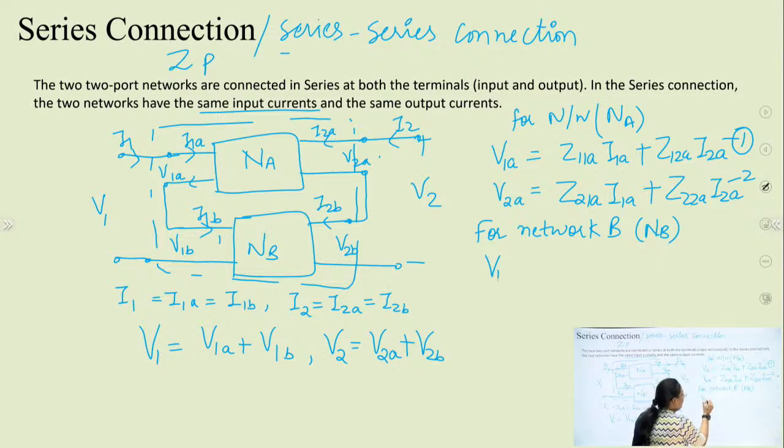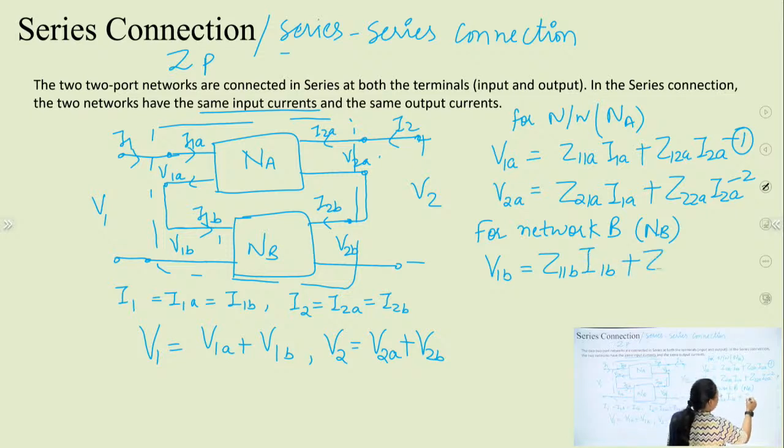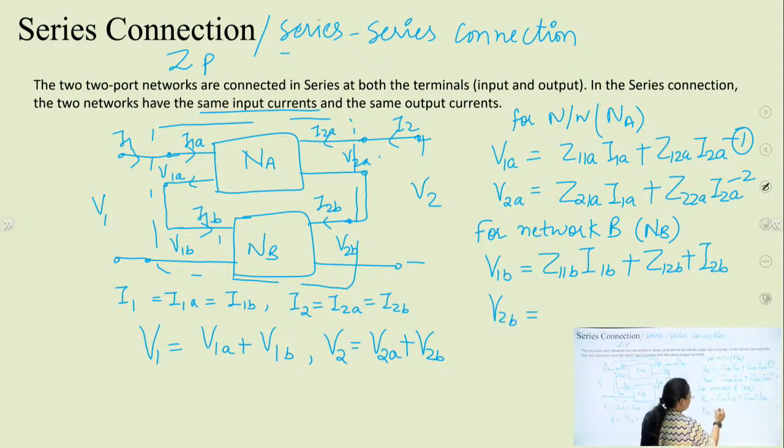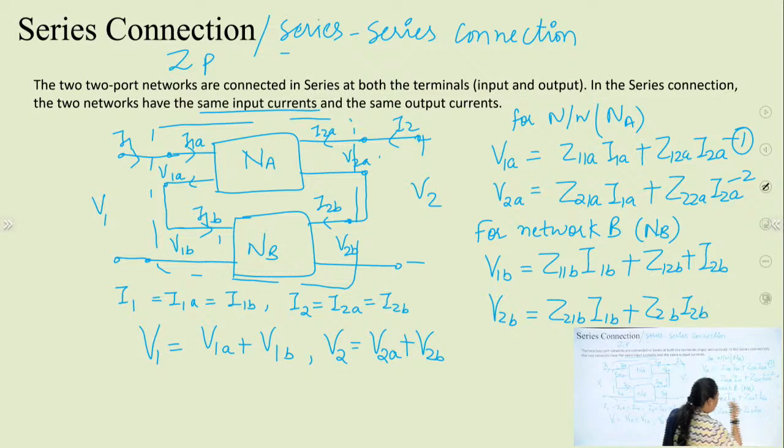So V1B will be equal to Z11B I1B plus Z12B I2B, and similarly V2B will be equal to Z21B I1B plus Z22B I2B. I can name this equation number 3 and this one equation number 4.